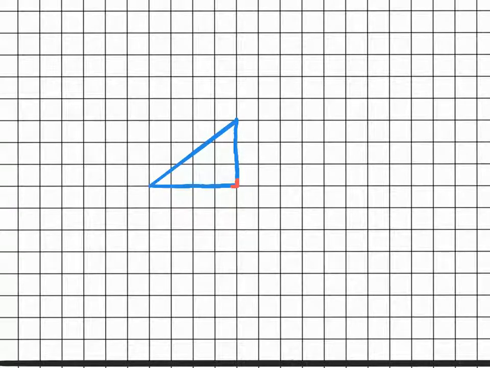Notice that if I were to change this once again into a rectangle, the area of that rectangle would be, because this is 4 centimeters by 3 centimeters, 12 square centimeters.